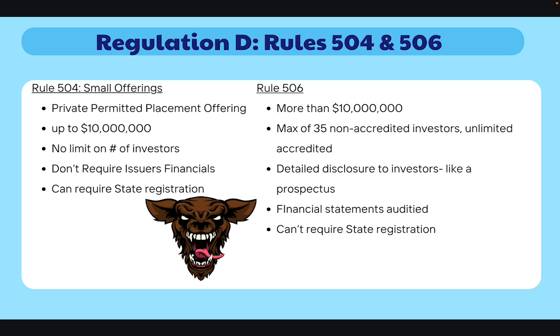The financial statements are audited, and they can't require state registration. So with these 506s, they can't require it. They're more expensive because the financial statements are audited, so you have to pay for that. But both of these are Regulation D rules. 504 is the smaller offerings, 506 is the majority, and those are the larger offerings.